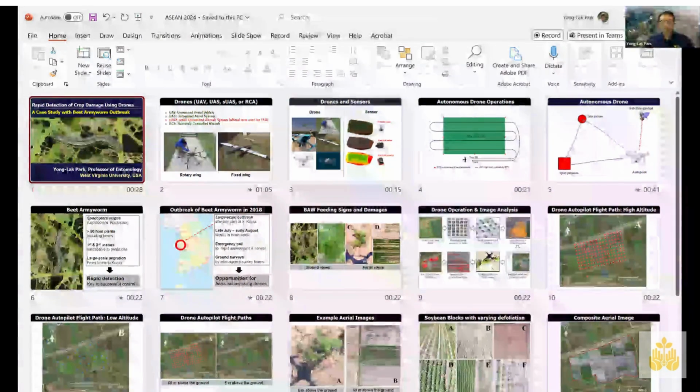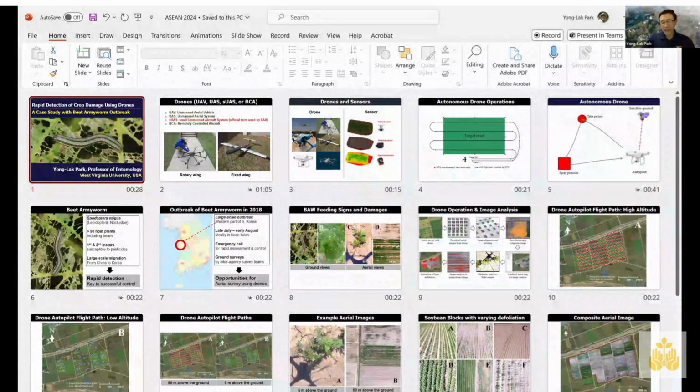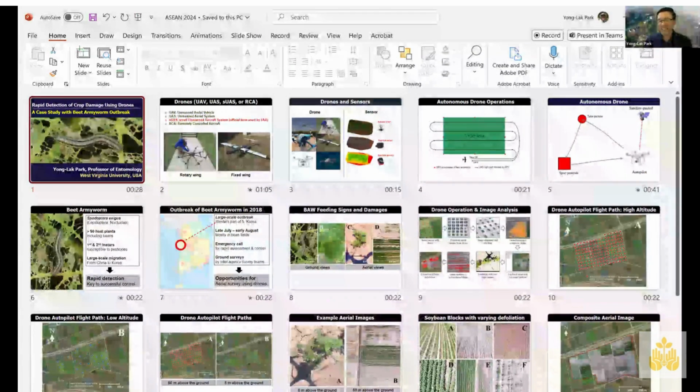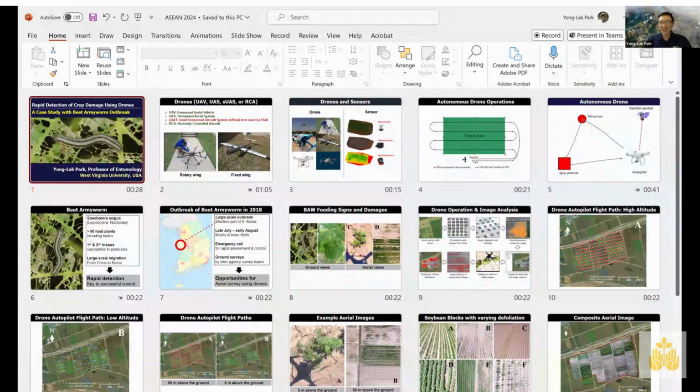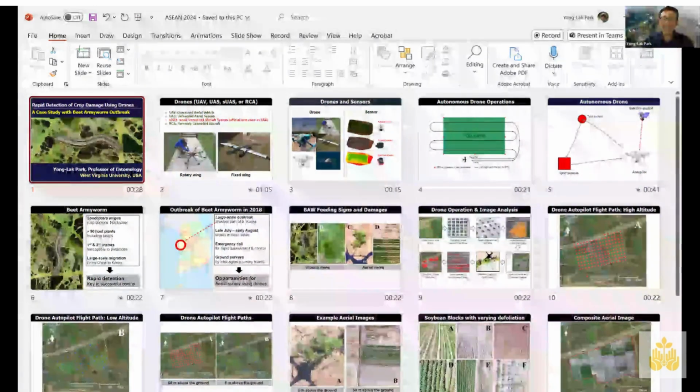Okay, so you need to be very careful about when we say detection. Are we detecting the damage of insects, or are we detecting the insect itself? So there are two different things. Right now, the hardware and software are available to see insects on the plant as well.